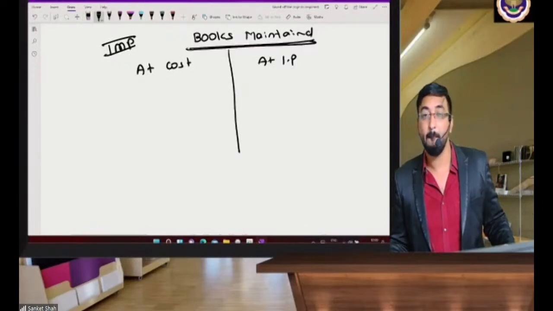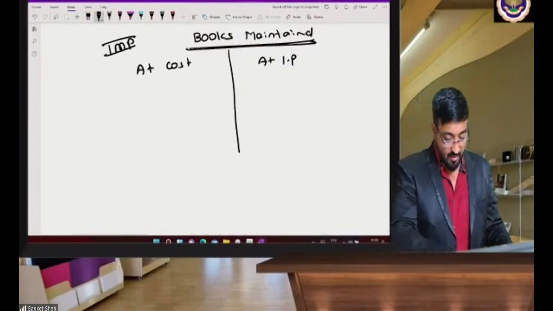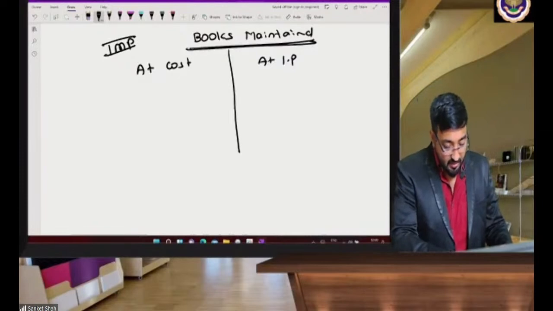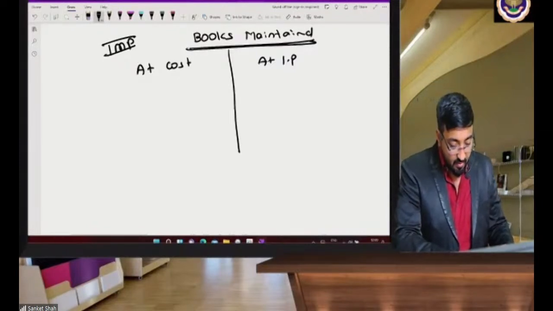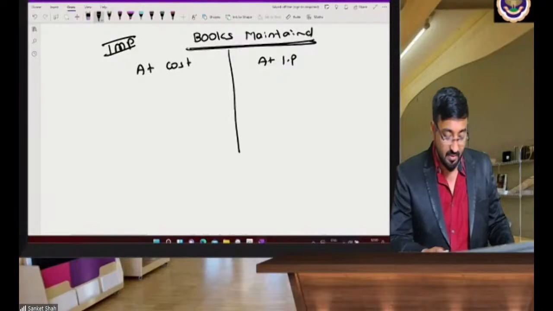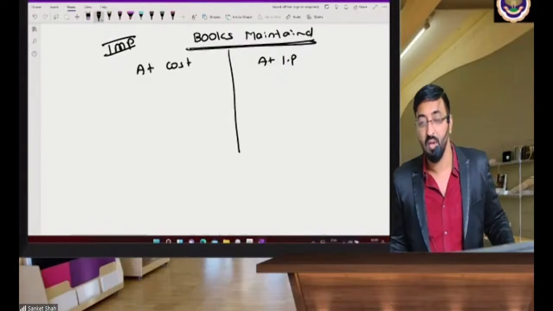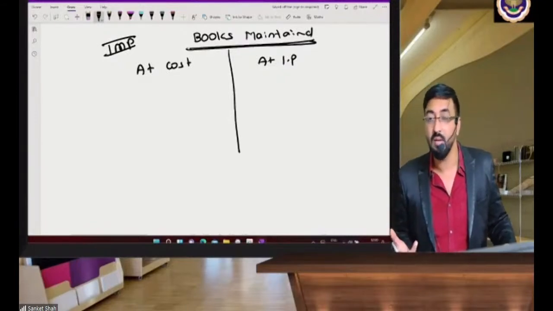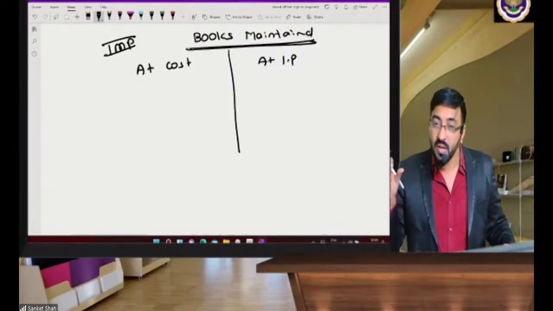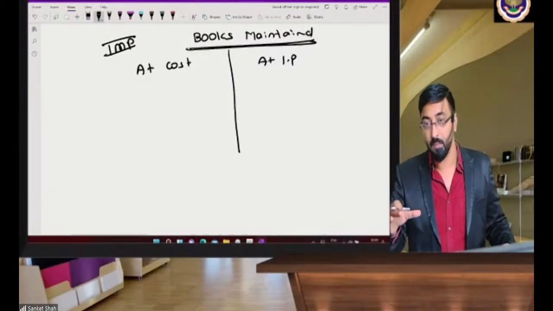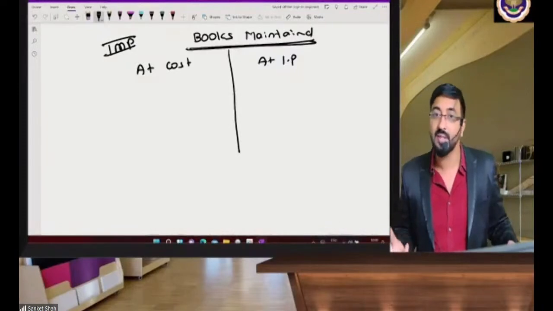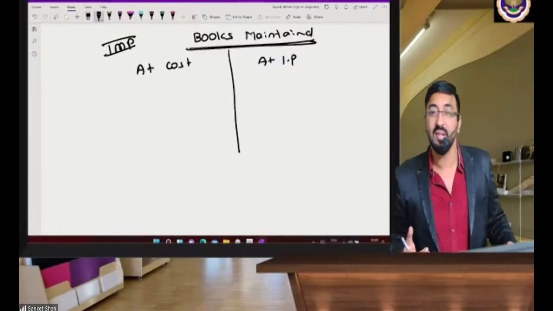Beta, at cost and at invoice price, sir, profit is same. Profit is same. Our profit is never different, no? Only the way of showing is different. Ultimately, profit will be same. Many students make mistakes in answering.